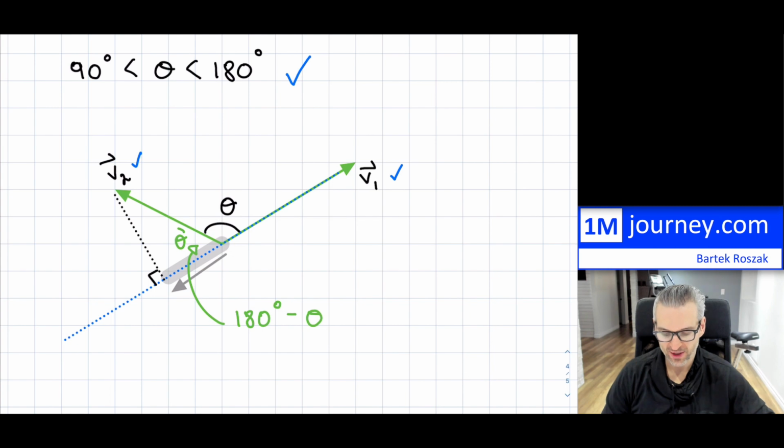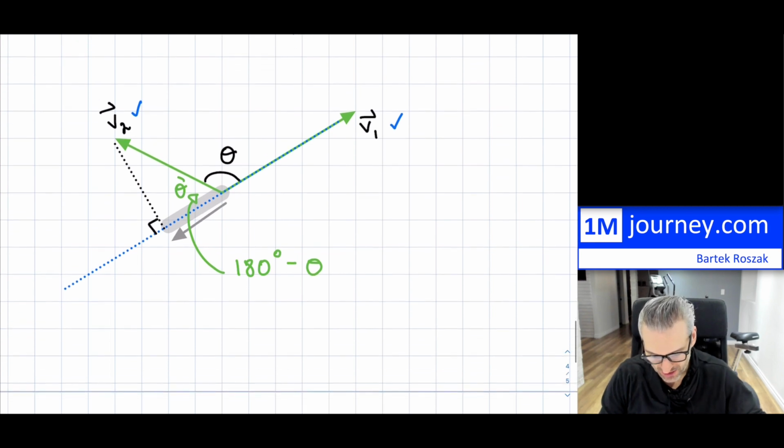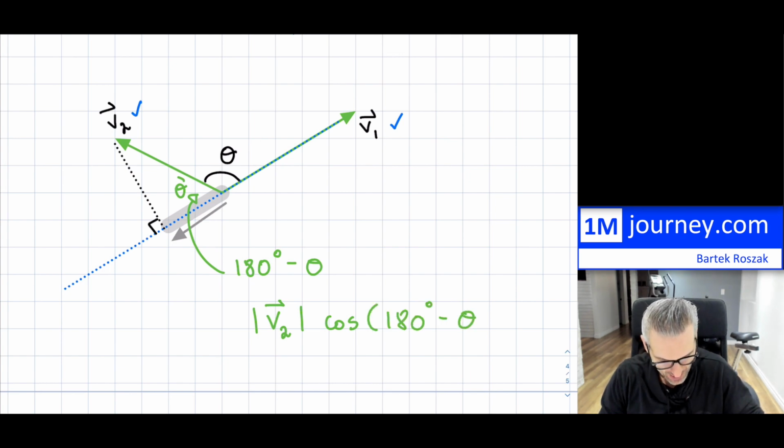And if I want to know the projection of that V2, then my magnitude is going to be the magnitude of V2 multiplied by the cos of 180 minus theta.